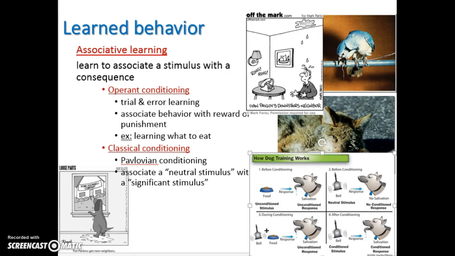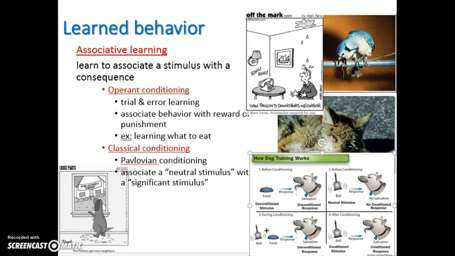So that's associating a behavior with a reward or associating a behavior with a punishment. For example, a rat running through a maze would be operant conditioning, where it's learning over time to associate the patterns to follow in order to get the reward of food at the end.